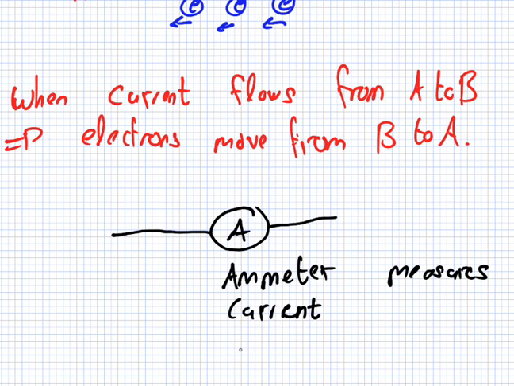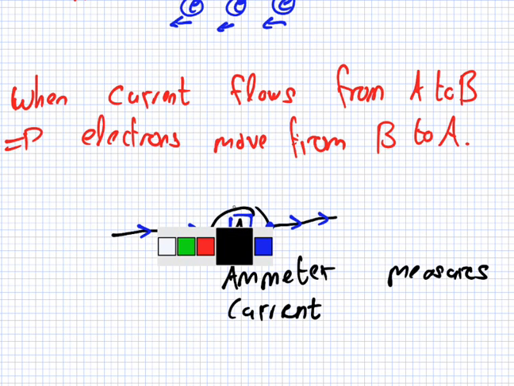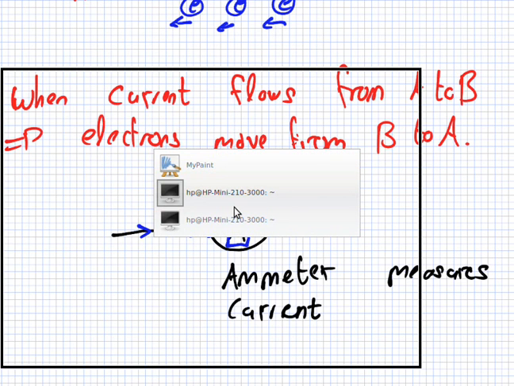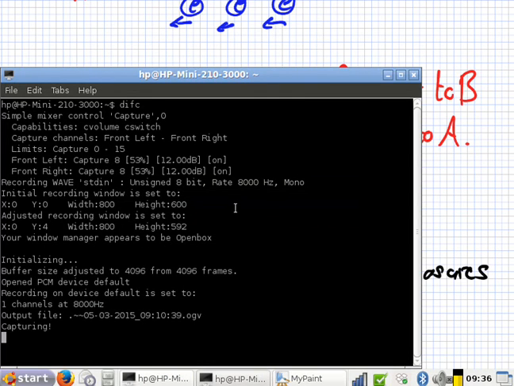So what you do is you just connect it to each end, that's all, and then the current flows through it, and it will tell you on the screen how much current is flowing through it. So it's simple to use. Okay. Right, we'll go on to the next one.